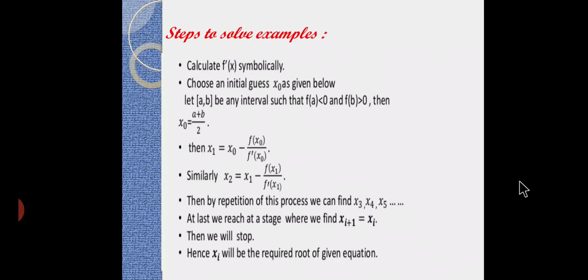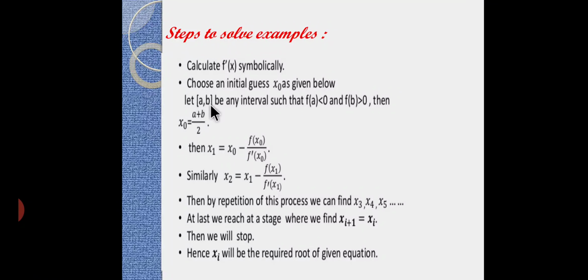So next, steps to solve examples. For a given equation f of x is equal to 0, first we calculate the derivative of the given function, that is f dash of x, and choose an initial guess x naught as given below.